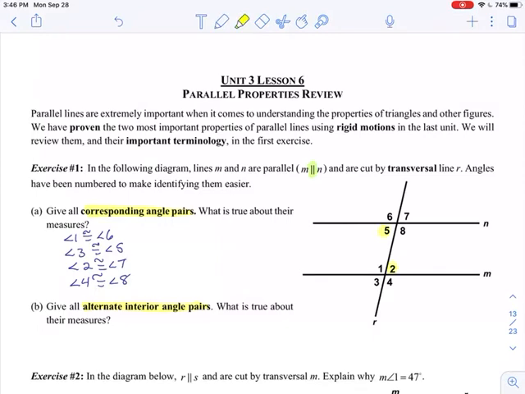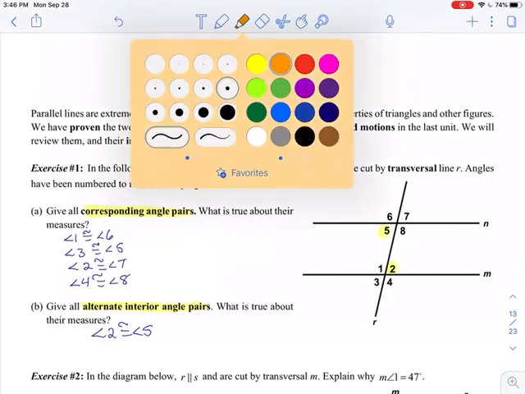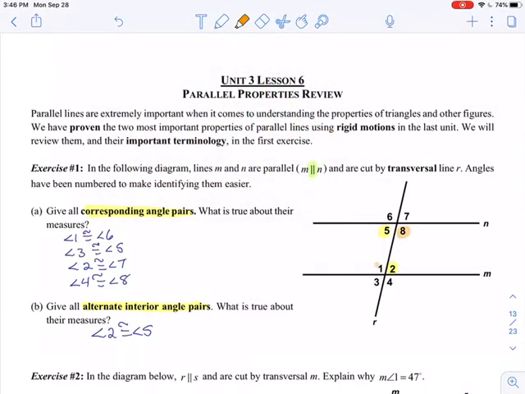My alternate interior angles: 2 and 5 are alternate interior angles. They're interior because they're between the parallel lines, and they're alternate because they're on opposite sides of that transversal. Alternate interior angles are also congruent to each other. And then I have one more pair of alternate interior angles, and that's angle 1 and angle 8. Those are also congruent to each other.